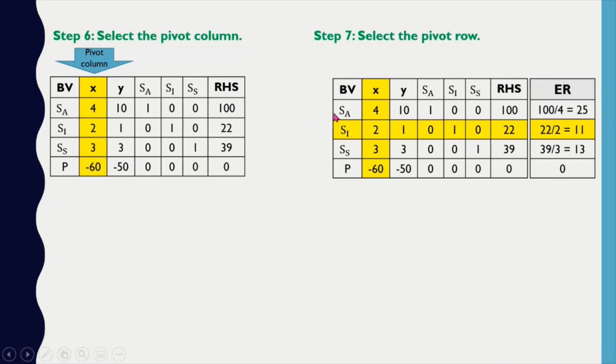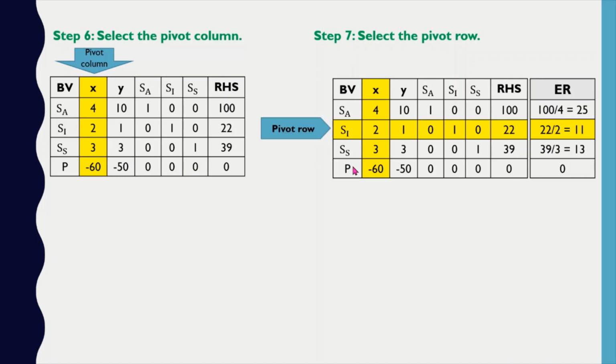Let's just say that SA or assembly is our first row, SI is the second row, SS is the third row, and our P or profit is our fourth row. Then we choose our second row, or row 2, as our pivot row.